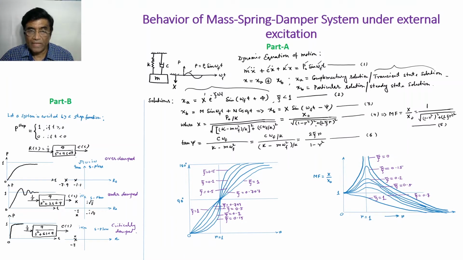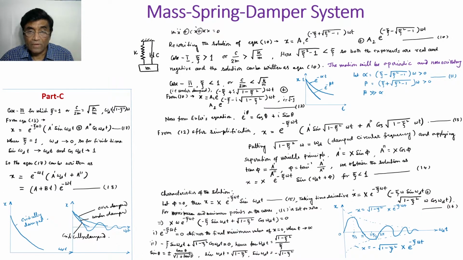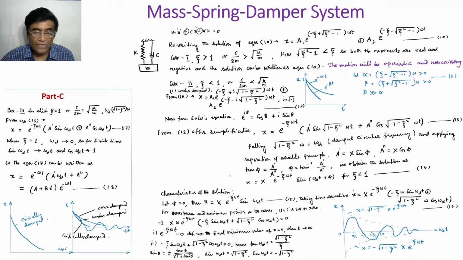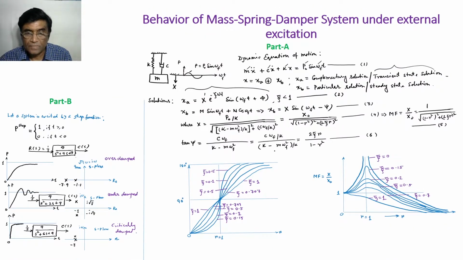So everywhere you see, we have done this, right? How is R defined? Wait a minute. I have defined r as omega f by omega, right? R equals omega f divided by omega. Okay? That is the frequency ratio.